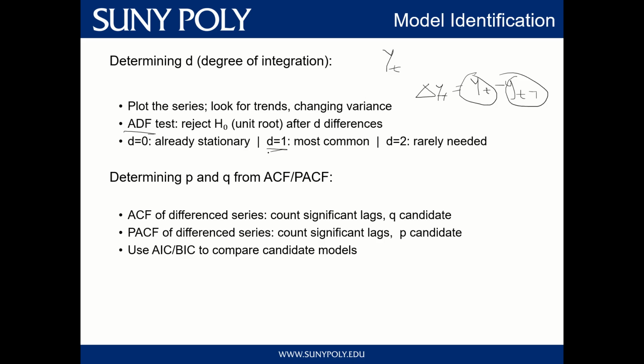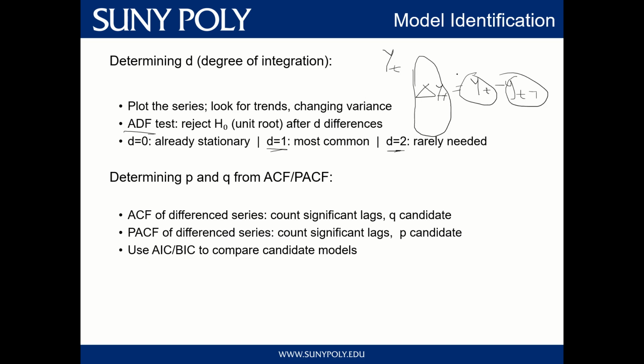Now, this is d = 1. When do you have to apply d = 2? Once we find the difference, you take the series of the differences, apply the augmented Dickey-Fuller test, and plot them again. If it's stationary after differencing one time, you stop right there and d is equal to 1. But if your time series is non-stationary even after the differencing, then you need to find the difference one more time.